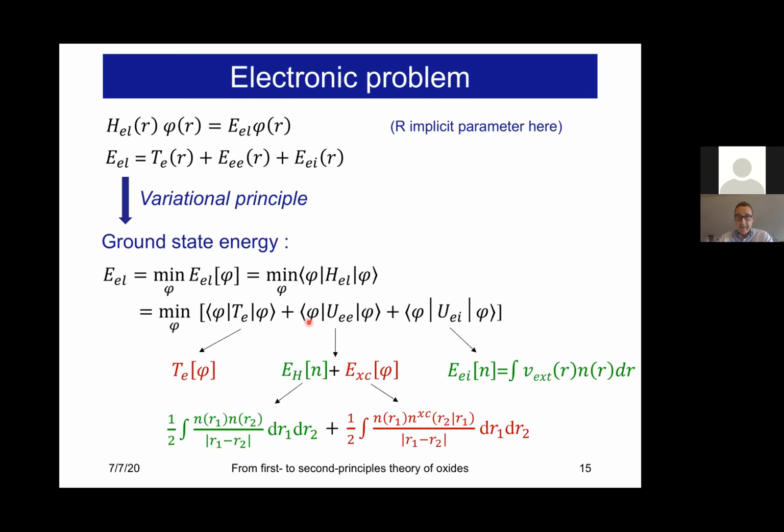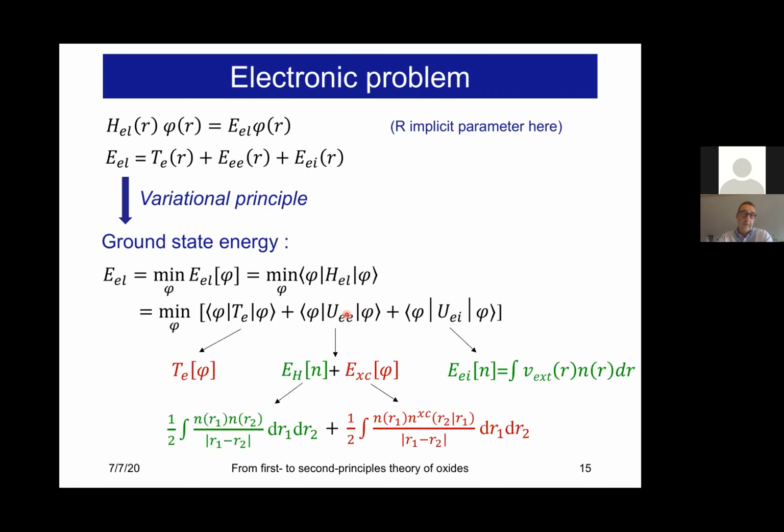Then you have the interactions here between the electrons together. And of course, this interaction is an electrostatic energy. So basically, you have an electron somewhere, you have another electron here, and they are interacting through a Coulombic interaction.